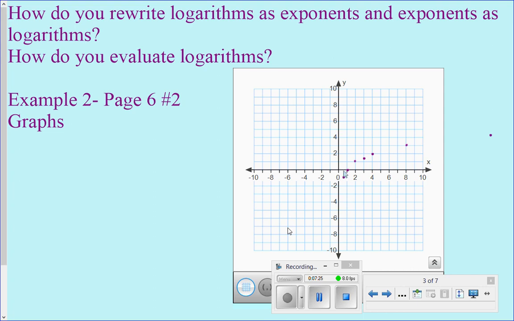1/4, negative 2. Let's see, 0.2, negative 2.32. Right, about there. And 1/8, negative 3. All right, about there.